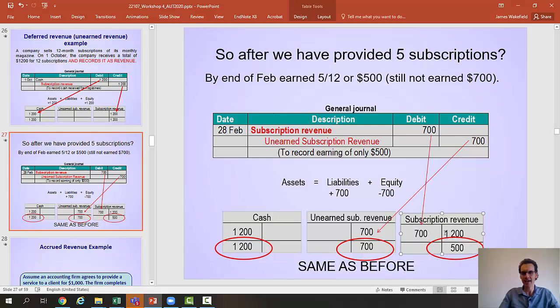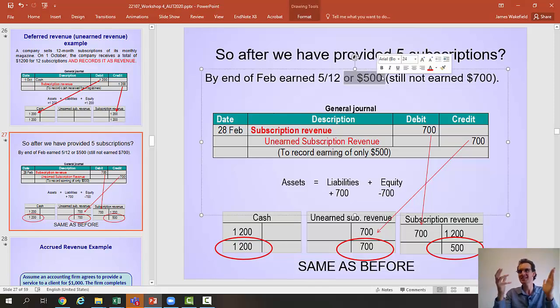So if the business recorded, if we go down to the T account, $1,200 in revenue when they originally received the cash, then of course, what do we need to adjust? Well, we need to adjust the $1,200 down to the actual amount of revenue that has been earned, which is $500. And that is what the adjusting entry needs to do. It needs to adjust it from $1,200 in revenue down to $500 in revenue. So we know that to increase our revenue account, we of course credit. So if you want to decrease your revenue account, what do you do? You debit the revenue account, okay?